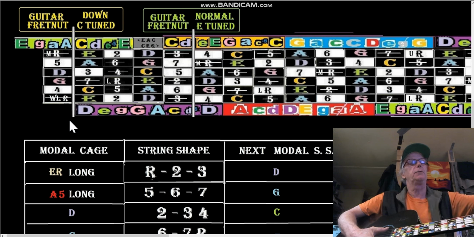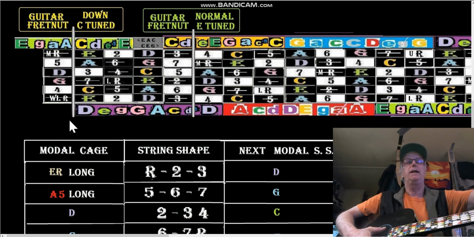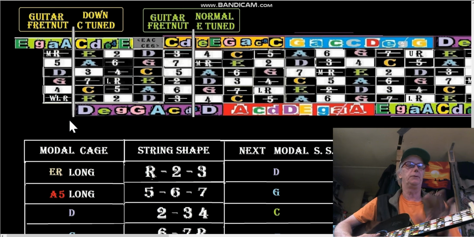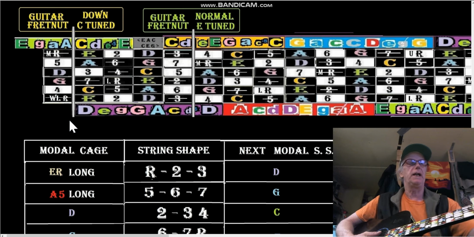Backward CAGED would be like C, D, E, G, A, or D, E, G, A, C. We don't want to waste too much time on that, but it's important to know about backwards CAGED.